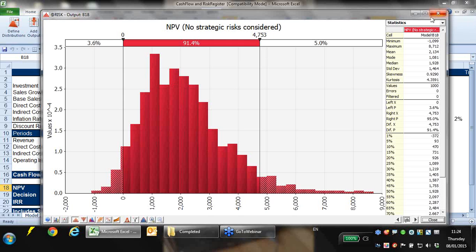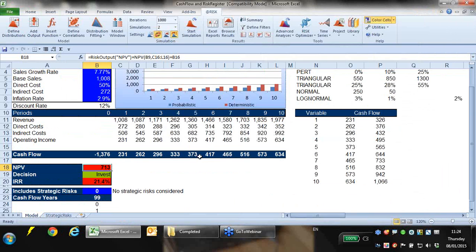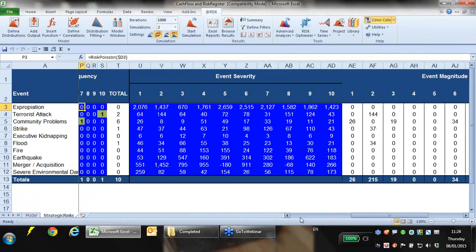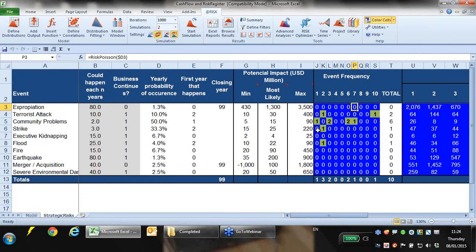But what we've applied to this particular model is also a risk register in the background. So risk registers can be applied to pretty much any type of model in question. And so here we've identified a number of different risks. We've got a yearly probability of occurrence, which we've derived by trying to figure out the frequency, or the likelihood, of any of these events occurring.